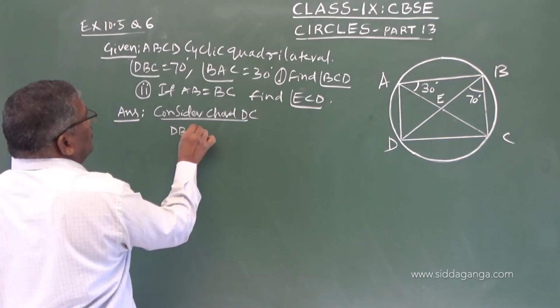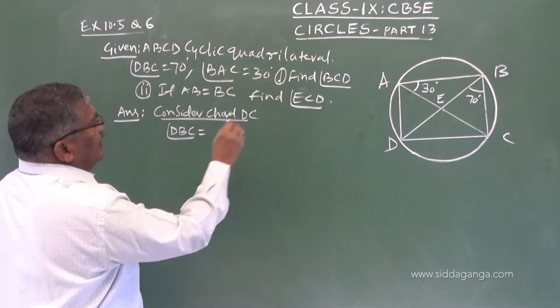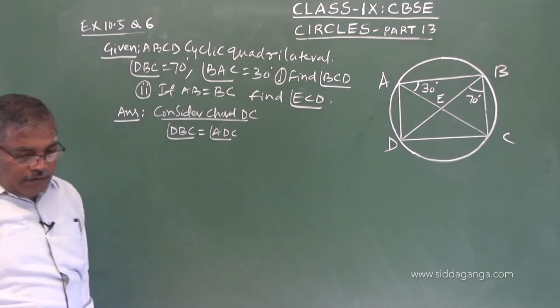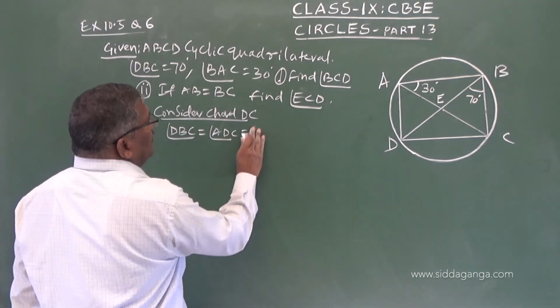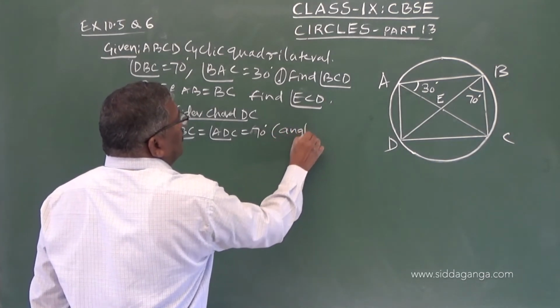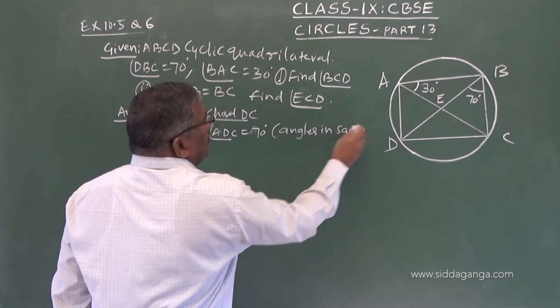Angle DBC is equal to angle ADC, angle ADC is equal to 70 degree, angles in same segment.